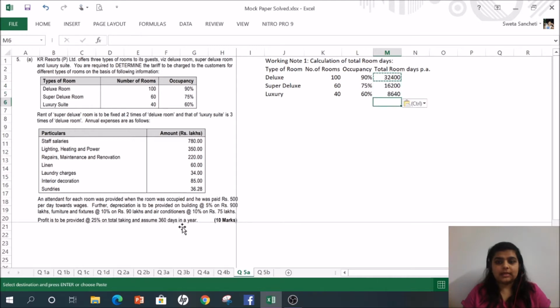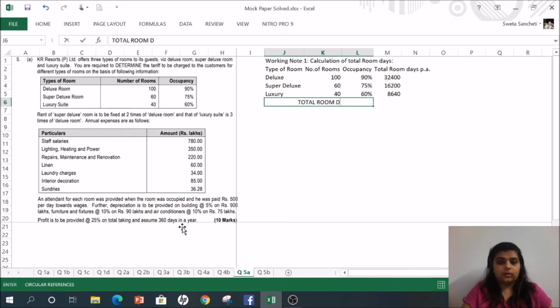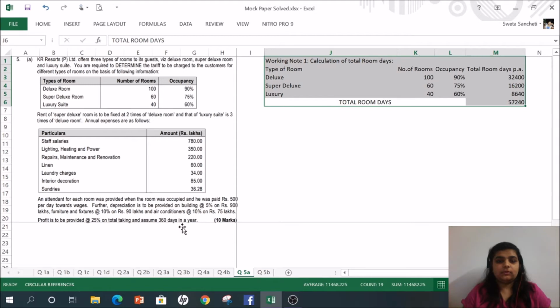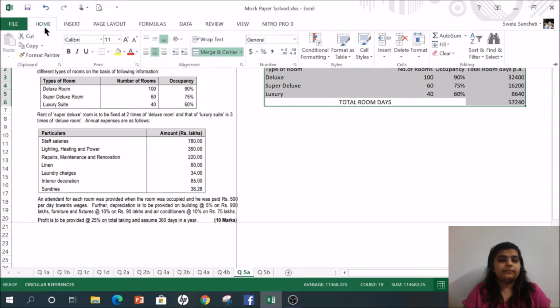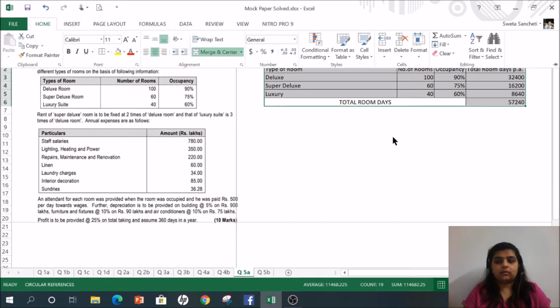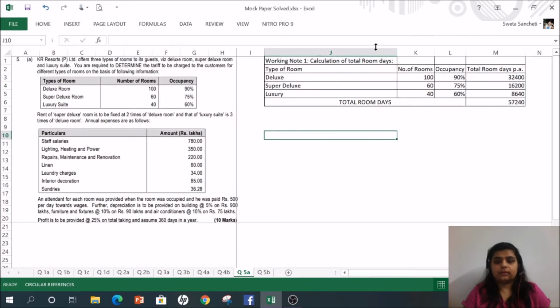Similarly for this and this, and the total room days would be 57,240. So this is our first calculation. Okay.